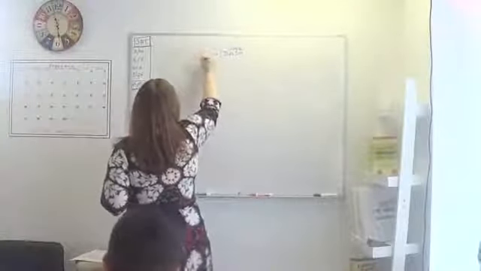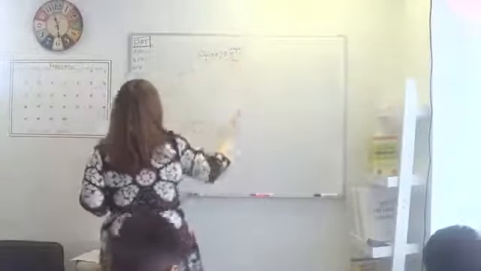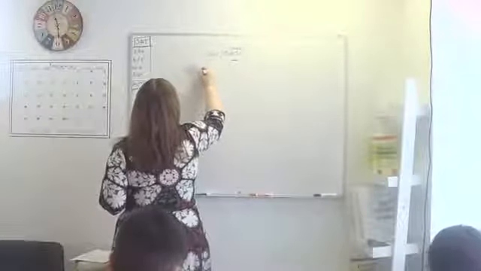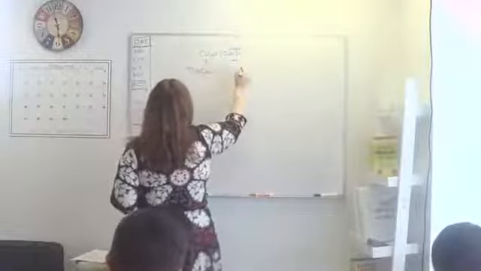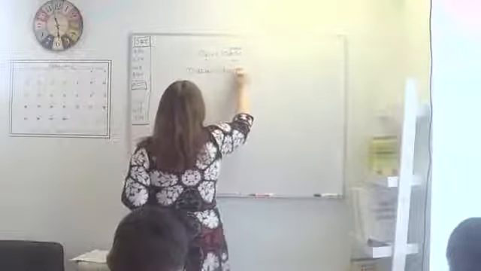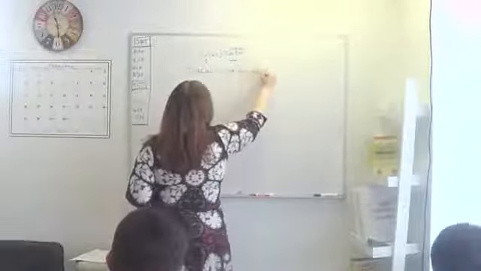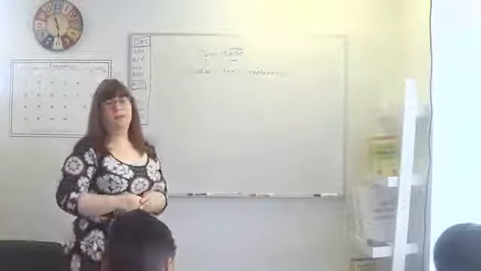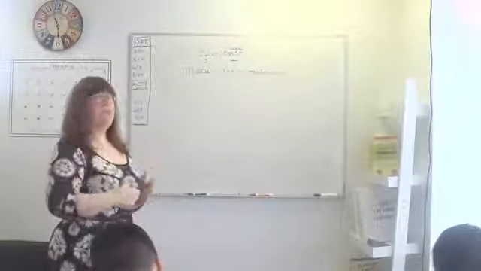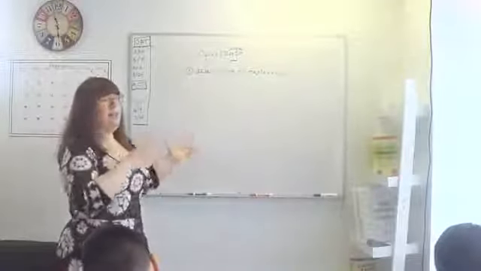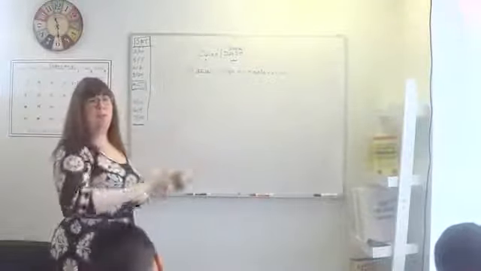So colon is this thing with the dots, dash is opposite that. So after the colon or the dash, we need a list or an explanation. I use the term explanation very, very, very broadly. It just needs to say more about the thing that came before the colon.